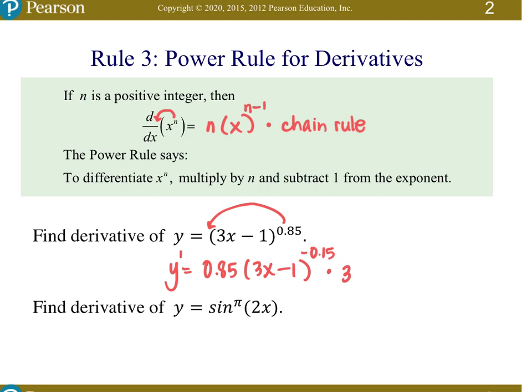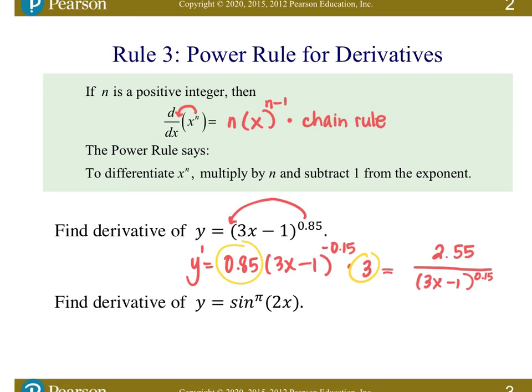And we'd want to clean this up so that we don't leave negatives in our exponent. So we'll have a numerator that combines the 0.85 and the 3 in multiplication, which will give me 2.55. And then the denominator would be parentheses 3x minus 1, and the power would be positive then in the denominator.